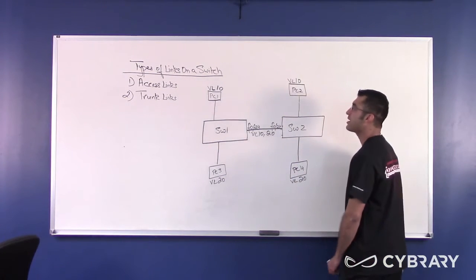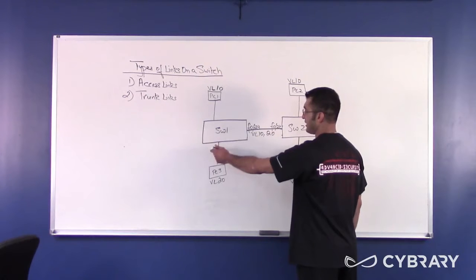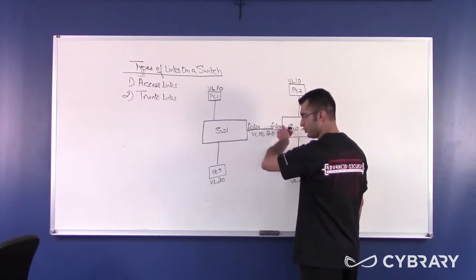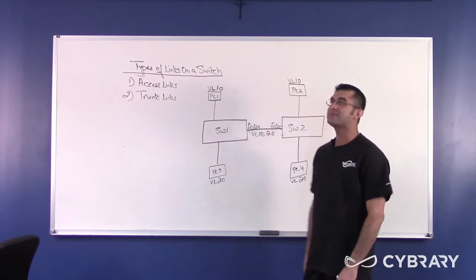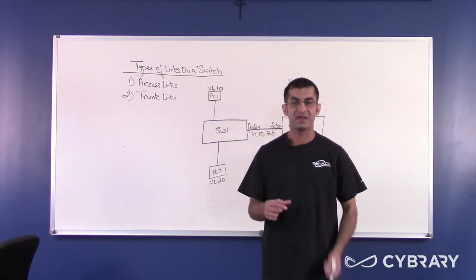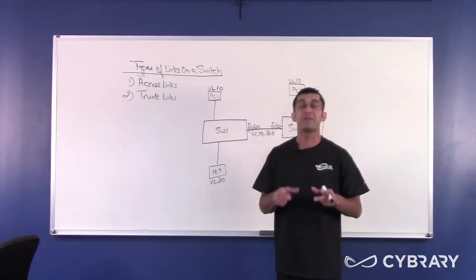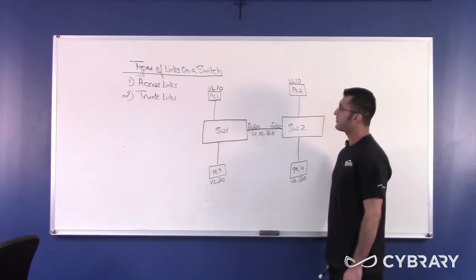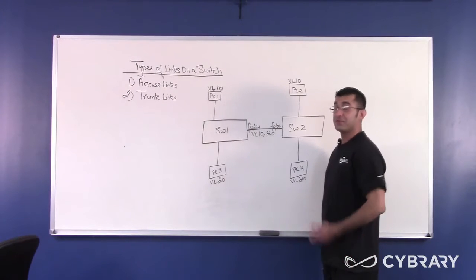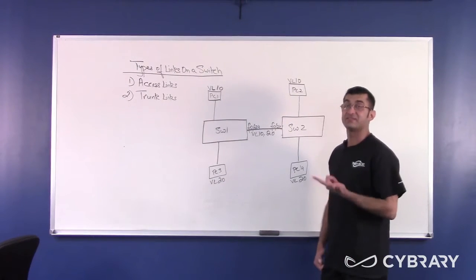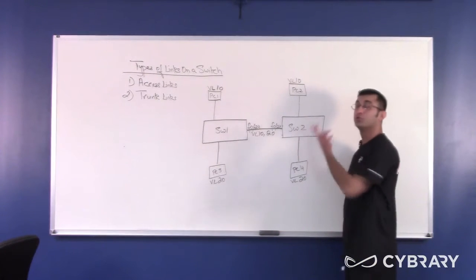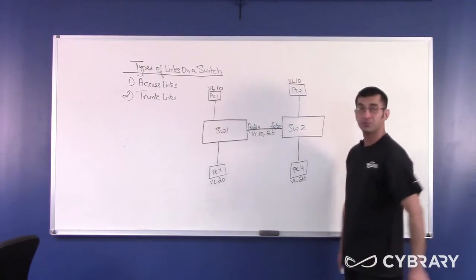So each frame coming from PC1 or PC3, when switch 1 sends it out towards switch 2, will have an identifier inside of it identifying the VLAN that the frame belongs to. So when switch 2 receives a frame coming from PC1, the frame will have an ID in it that says this frame belongs to VLAN 10. That way switch 2 will know to forward this frame out to PC2.